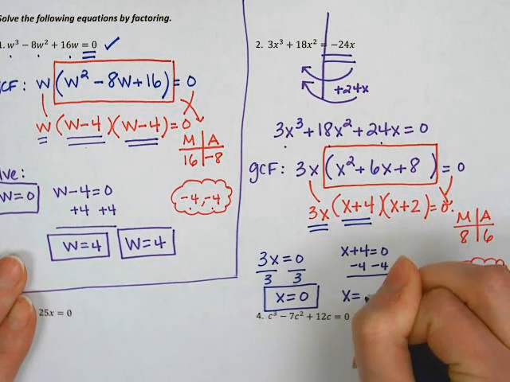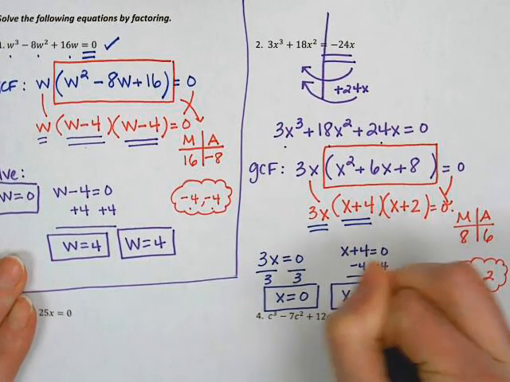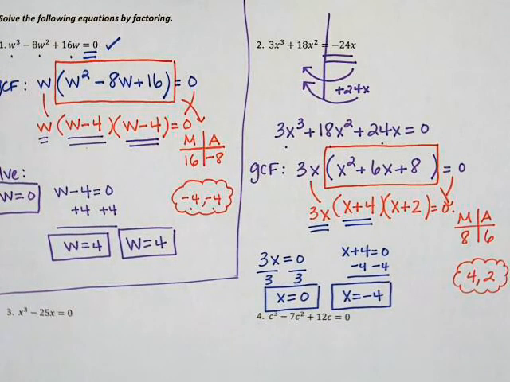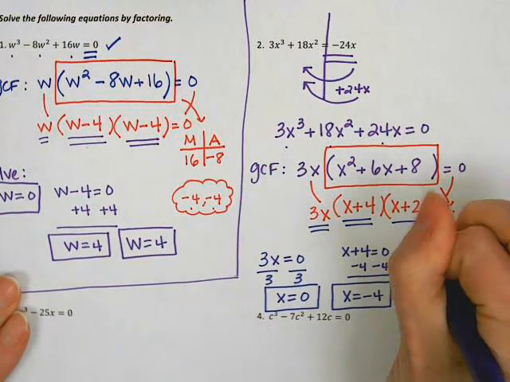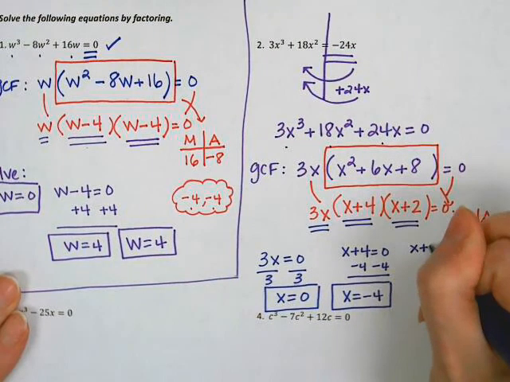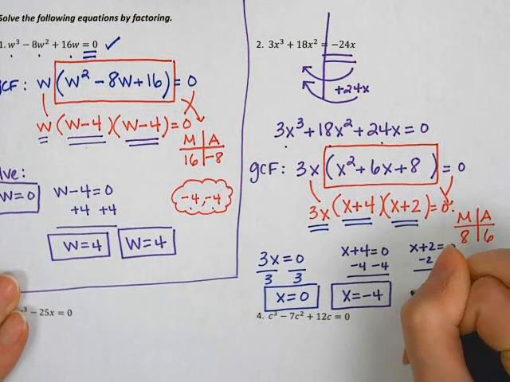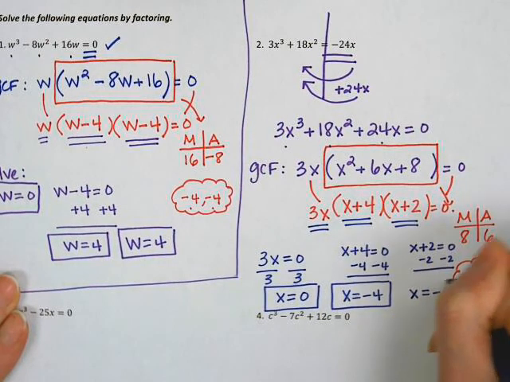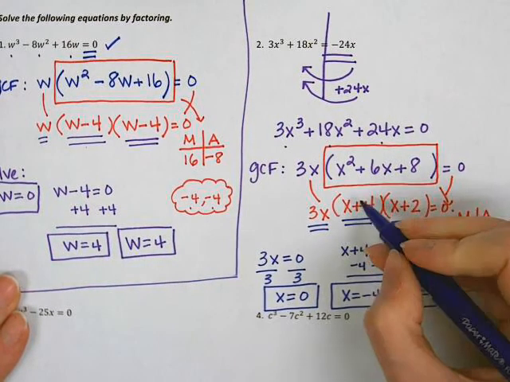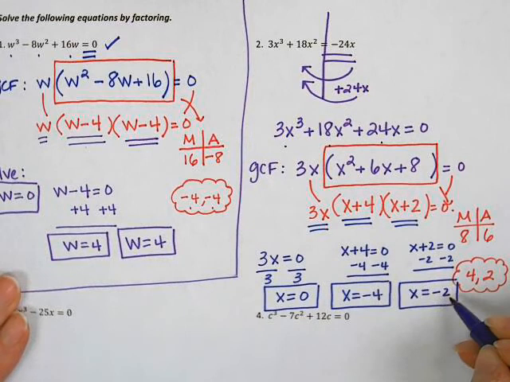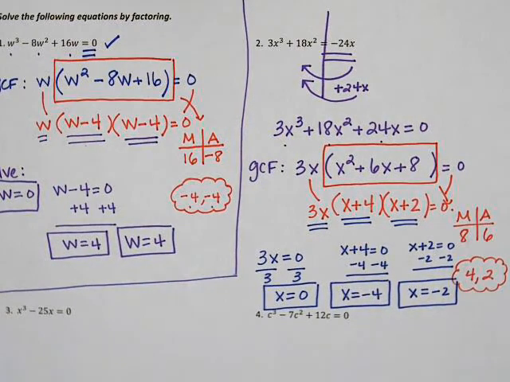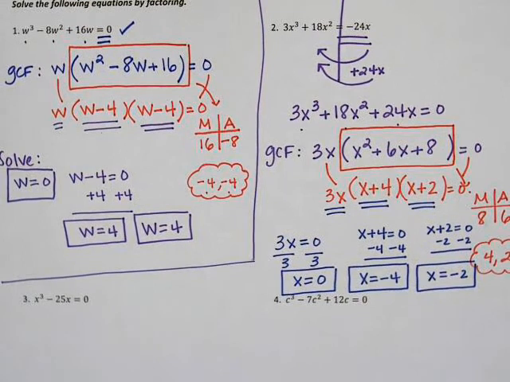You end up getting x equals negative 4. And lastly, when does x plus 2 equal 0? You're going to have to minus 2 from each side, and you get x equals negative 2. Remember, the trick is they just become opposite of what the factors were. So those are your 3 solutions.